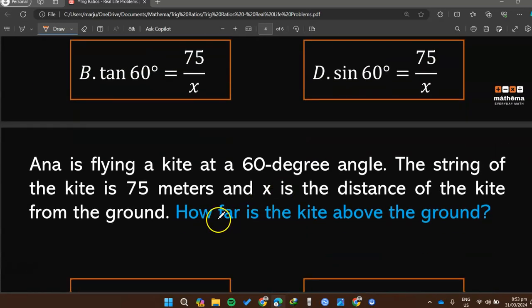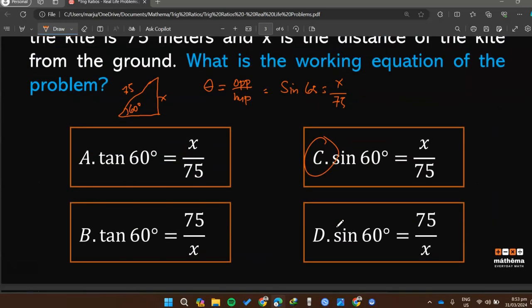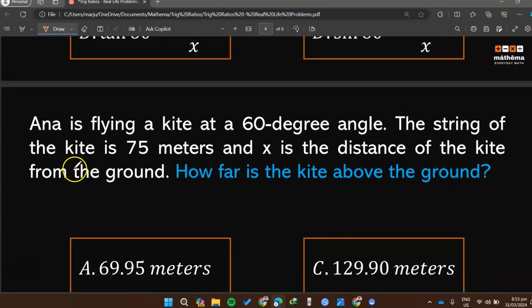Next, we are asked to solve for the distance of the kite from the ground. So we are to solve for x. Remember, our working equation was sine 60 equals x over 75.